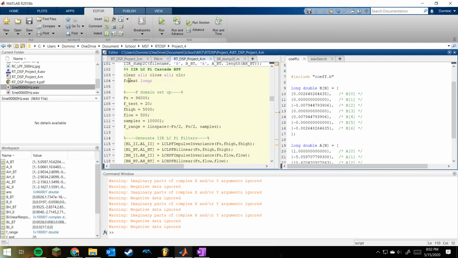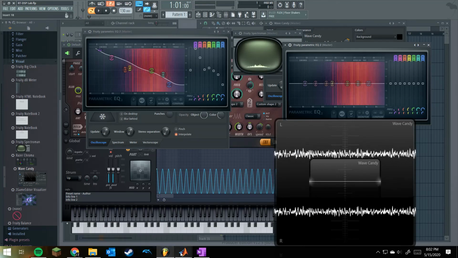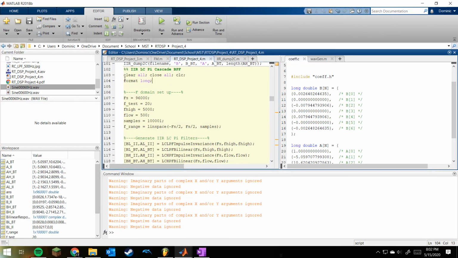We set the format to long in MATLAB to get long doubles, which are essentially 64-bit doubles, which is what we definitely want on the DSP board as well, because that's where the actual real-time filtering is happening. But by default, the code provided in the book is only single precision floating point numbers.